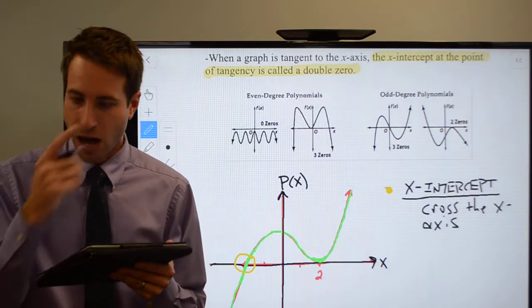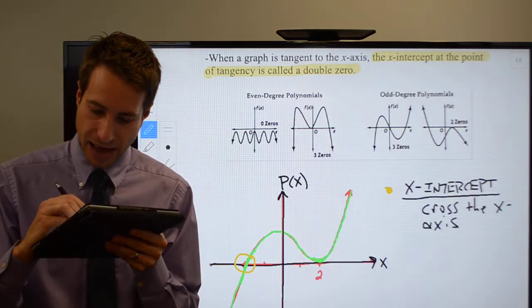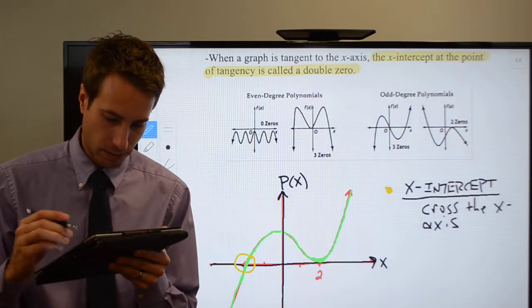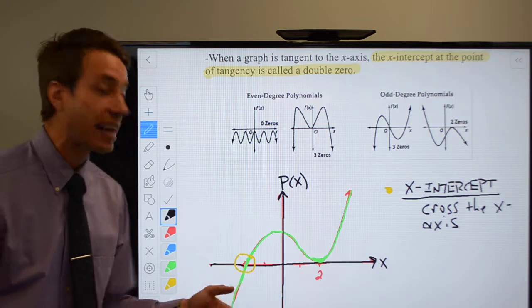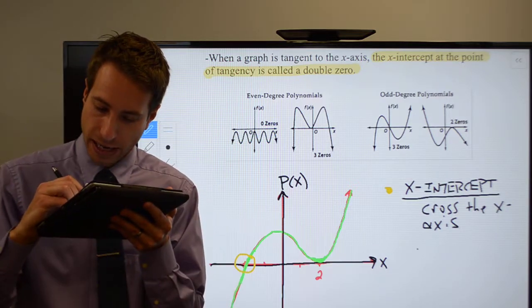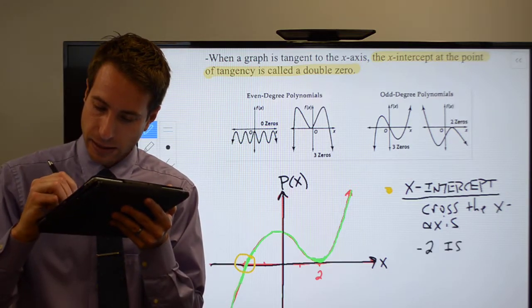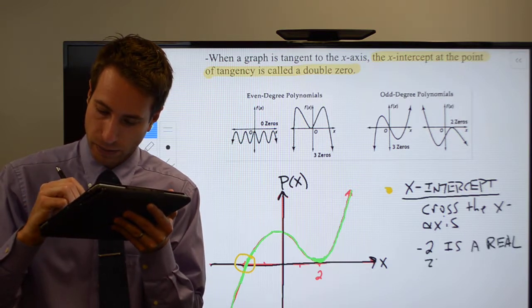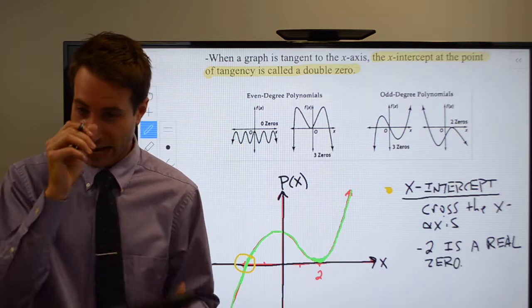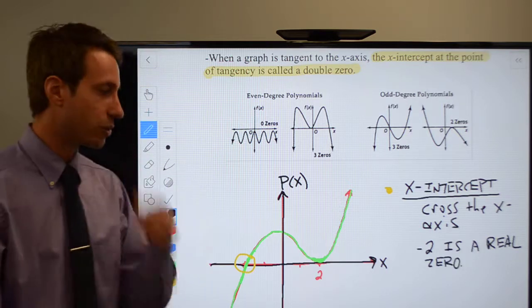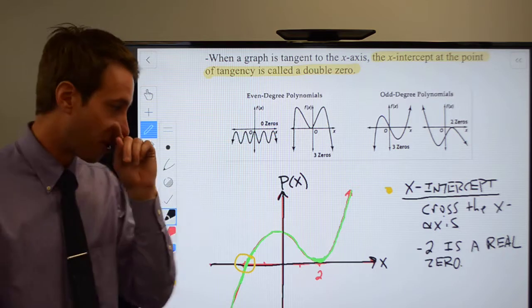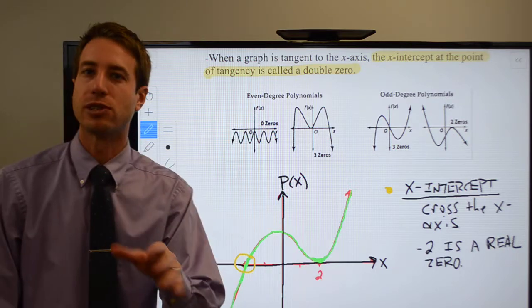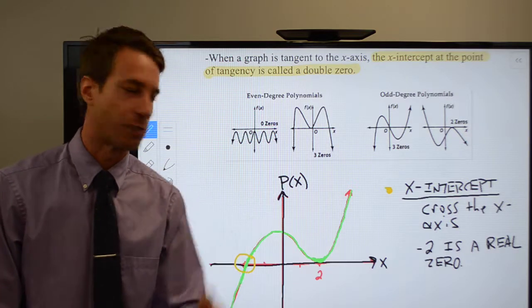What this does is that means then that this point, this value of x, which is -2, is a real 0. Right? -2 represents a real 0 or root for this particular polynomial. Right? No big deal. We're used to that from the quadratic functions back in chapter 4.